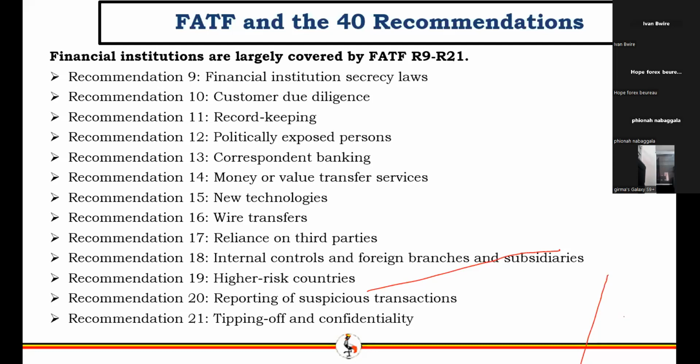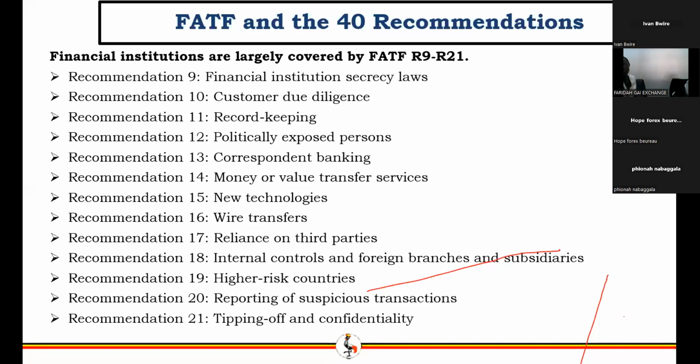That is what this recommendation is saying. It's giving us guidance on how to deal with correspondent relationships. And value transfers under recommendation 14, how to deal with the transfer of money for money value transfer services.